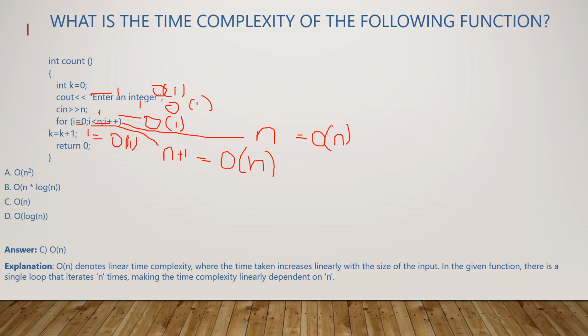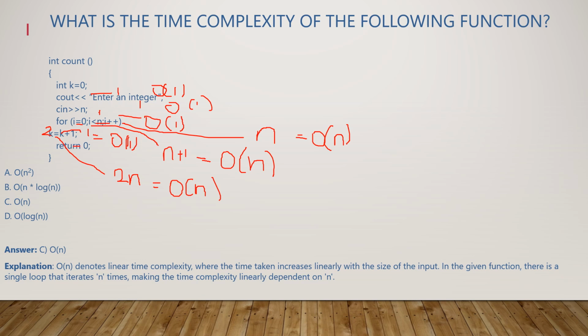The other one, in the body, there is k = k + 1. The equal sign operates 1 time, the plus sign operates 1 time. So this is 2 times, but this depends on i++, on this increment, and because of this it operates 2n times, and the running time is O(n).